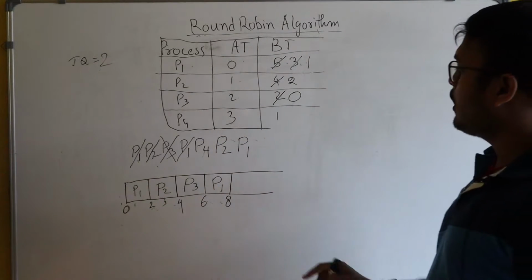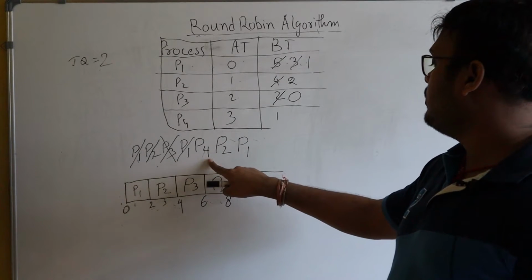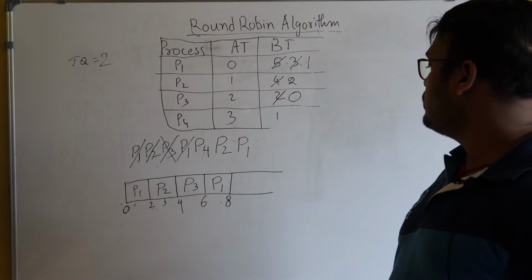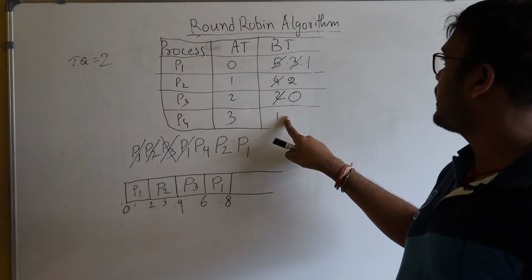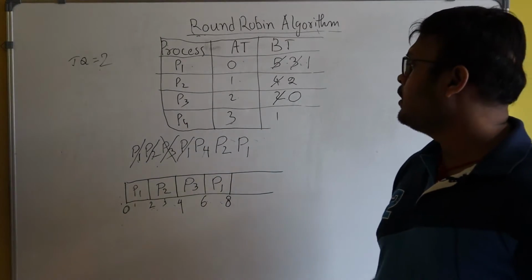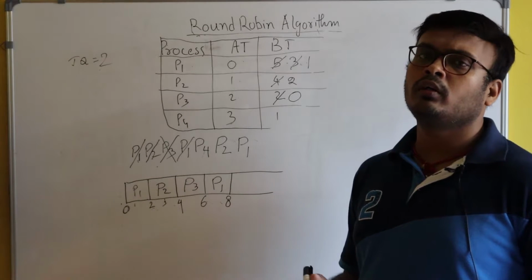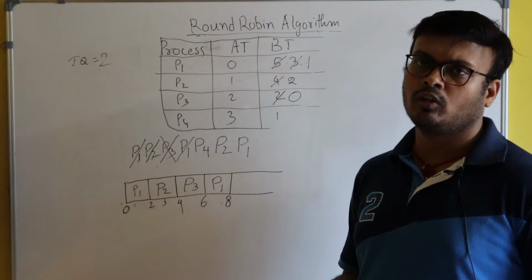See, after P1 we have P4 here. So you see the burst time of P4 is 1 second, which is less than time quantum. So P4 need not run for 2 seconds because it has only 1 second left.